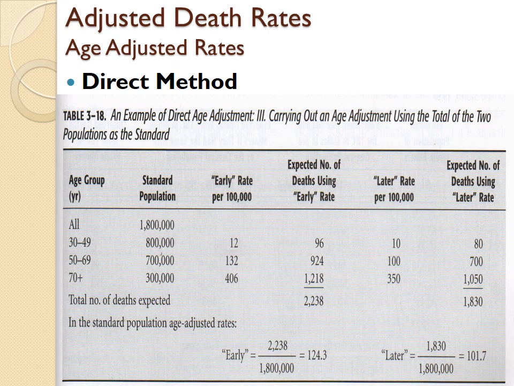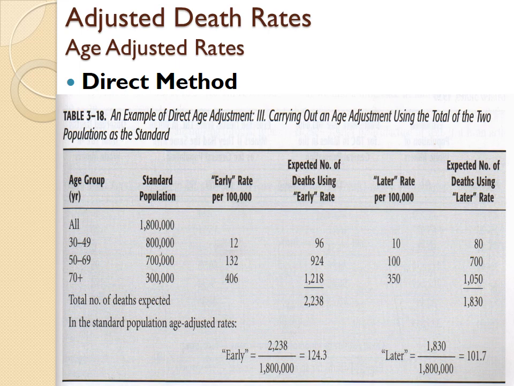So here we use a standard population. The standard population is assumed by summing the two populations of the early and later periods. See the second column of this table, showing the standard population. The total population is 18 lakhs, because in the early period it was 9 lakh and in the later period also 9 lakh.